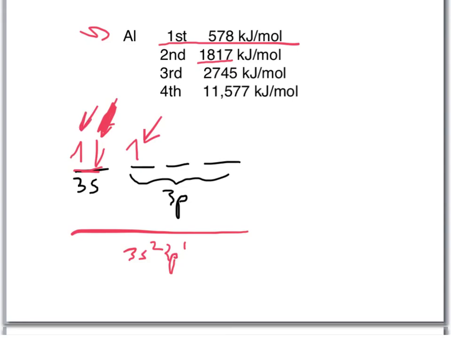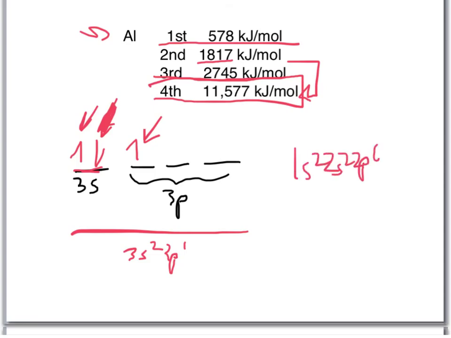And then to remove the next electron requires that much energy. So there's a small increase, but whoa, I didn't show the next electron, but whatever it is, look at that huge increase between that one and that one. That's the biggest increase between any two. The reason is because at that point, let's take a look at the full electron configuration for aluminum.